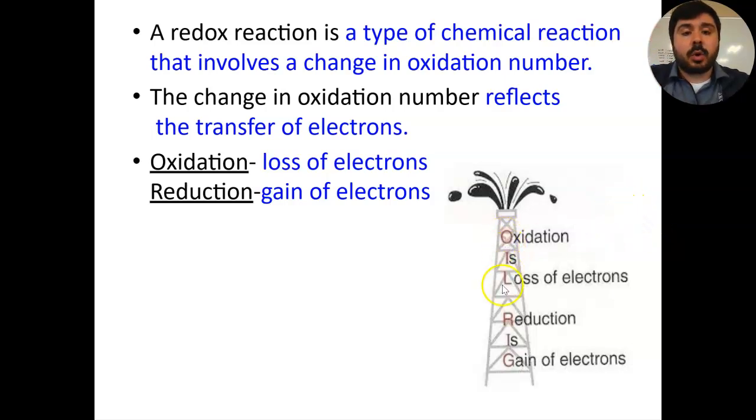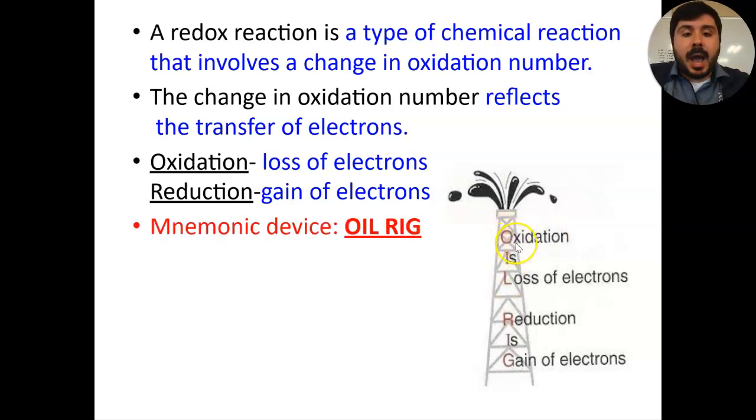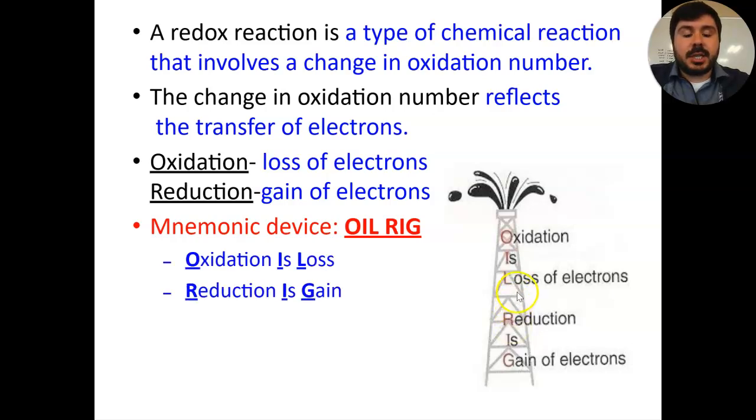For OIL, O-I-L, we've got O for oxidation, I for is, and L for loss of electrons. For RIG, R-I-G, we've got R for reduction, I for is, and G for gain of electrons. So oxidation is loss of electrons, reduction is gain of electrons, giving you OIL RIG.